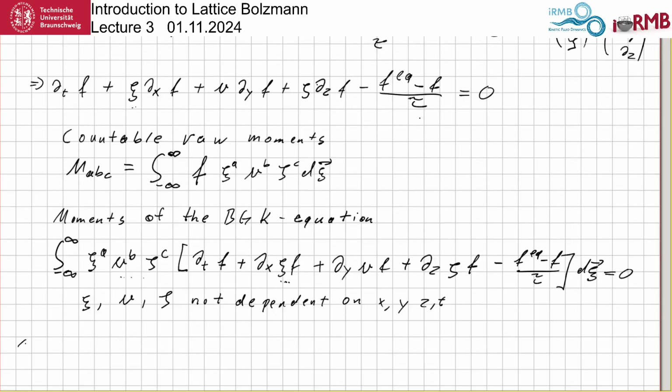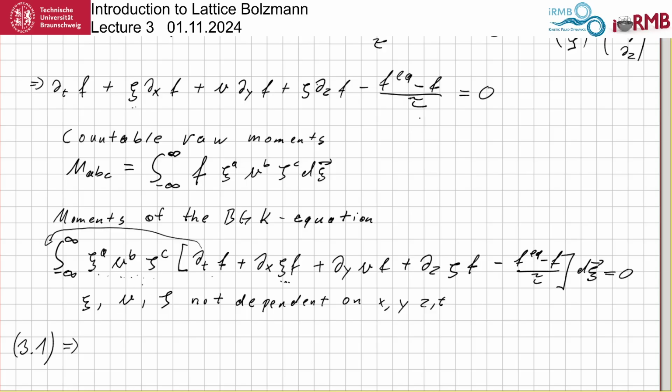Because this will be our master equation, we call this equation 3.1. So when we do this integral, we can distribute all of this inside, and then we can actually put the derivative outside.